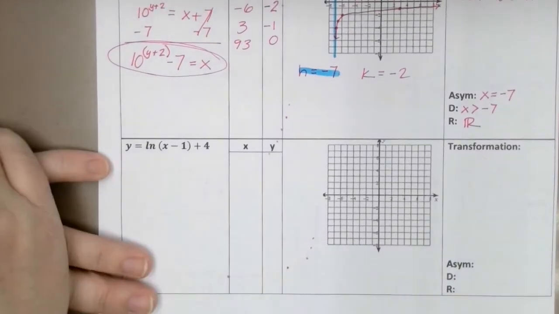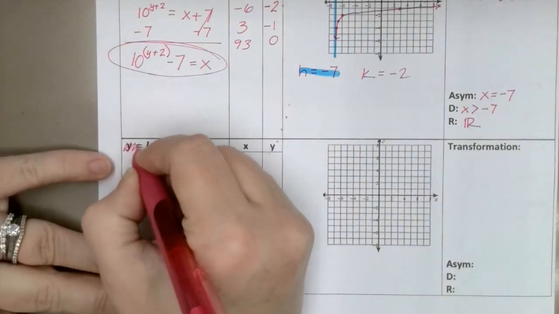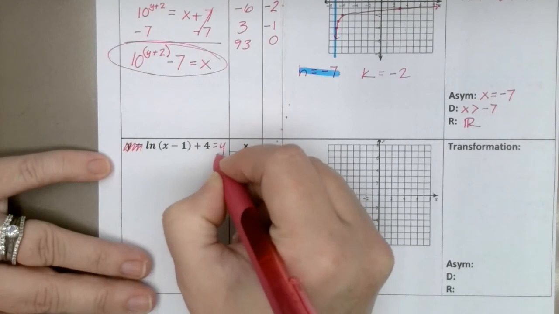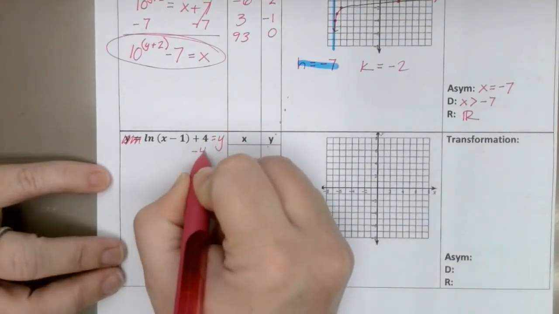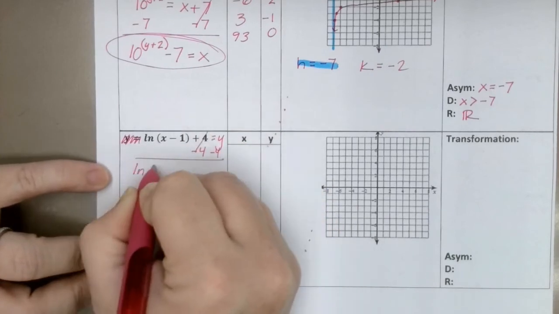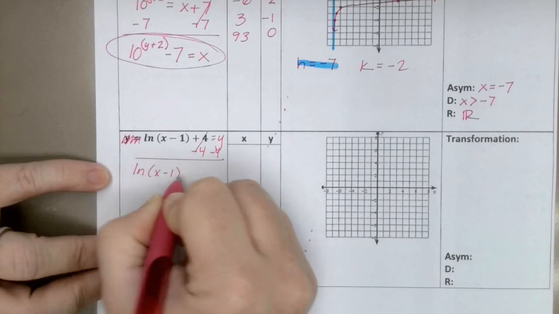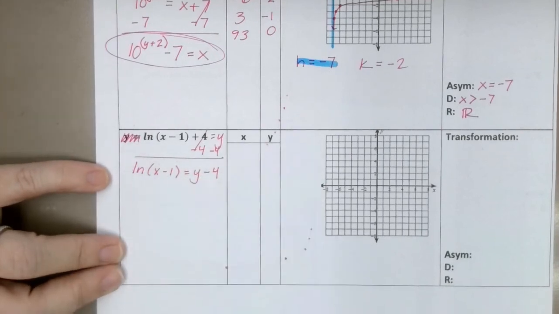So, excuse me, step 1 is what? Get x by itself. So I'm going to put the equals y over here. Now what? Subtract 4. So natural log of x minus 1 equals y minus 4. Now what?